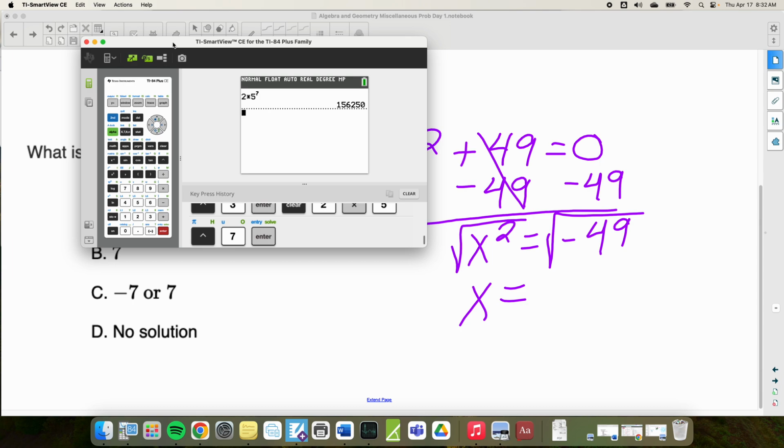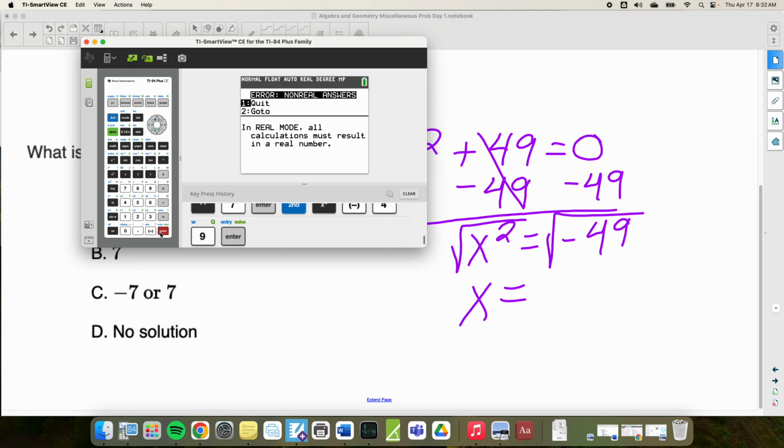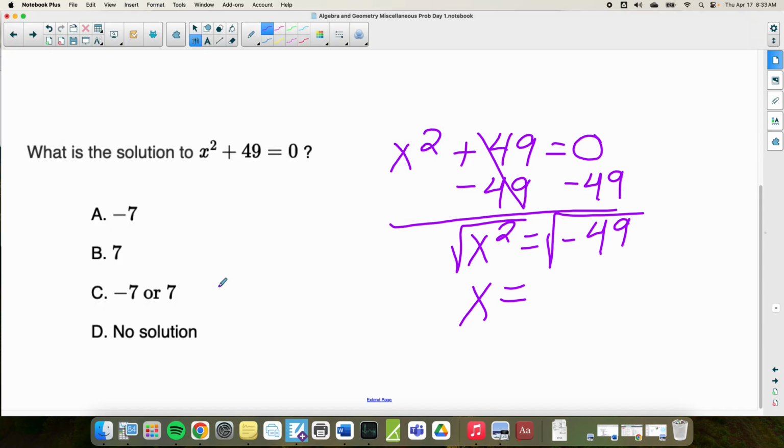So if you guys went second square root, negative 49, it's going to say non-real answer. That's because you're going to learn something in Algebra 2 next year where there's imaginary numbers, and this would be one of them. So you can't take the square root of a negative number, so that would be no solution.